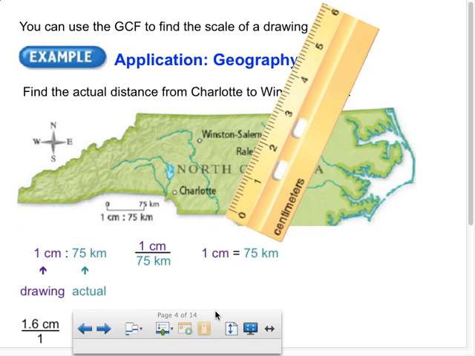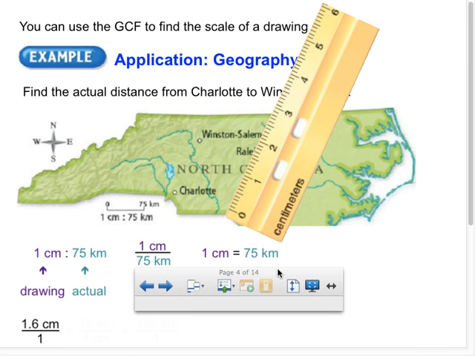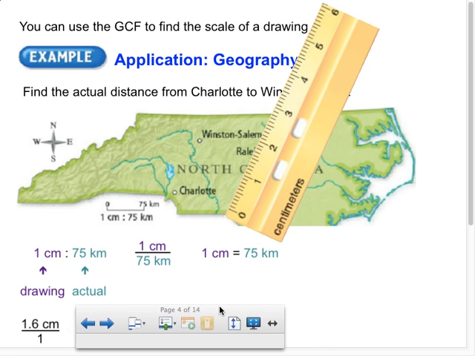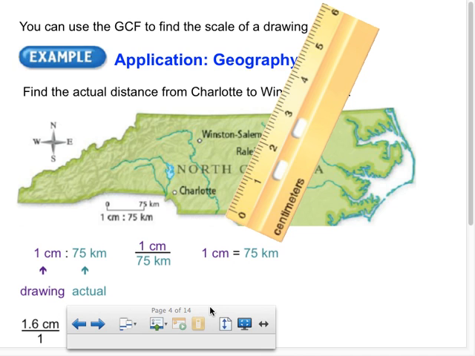When you're done, could you share your answer with the class? How much? 375 meters. 375. 300 to 3.75. Caleb, can you help her out?